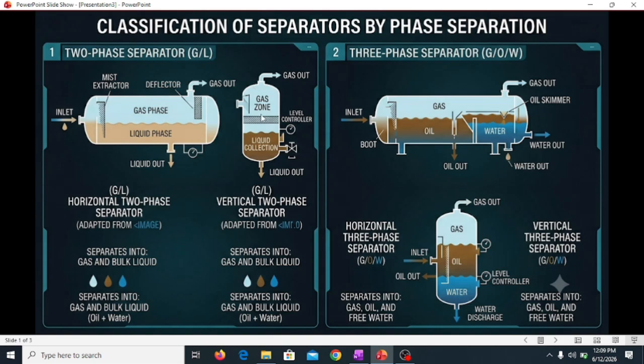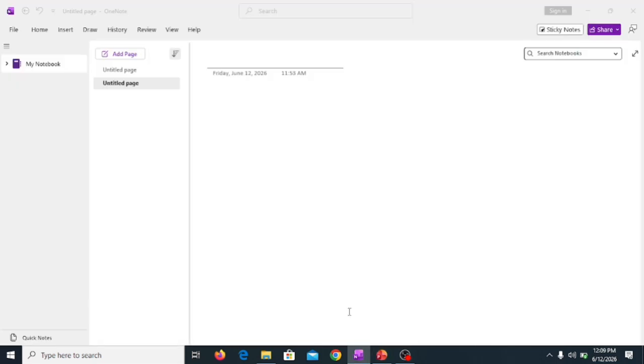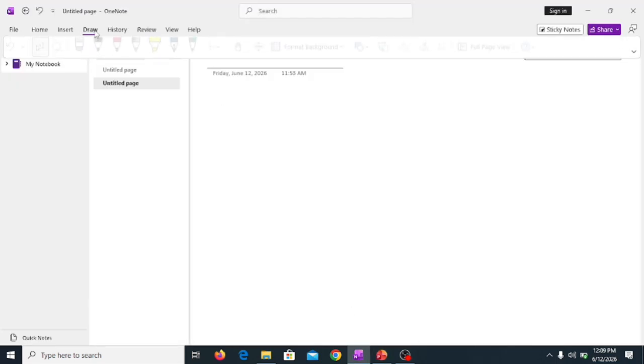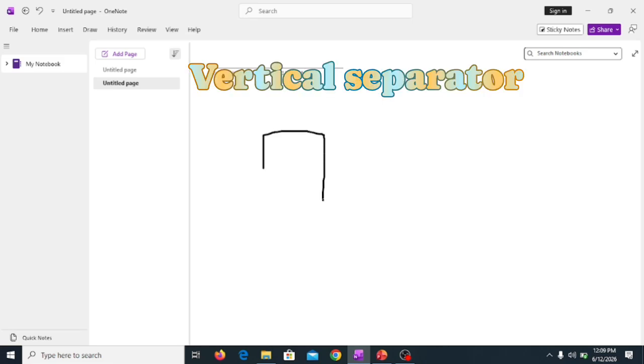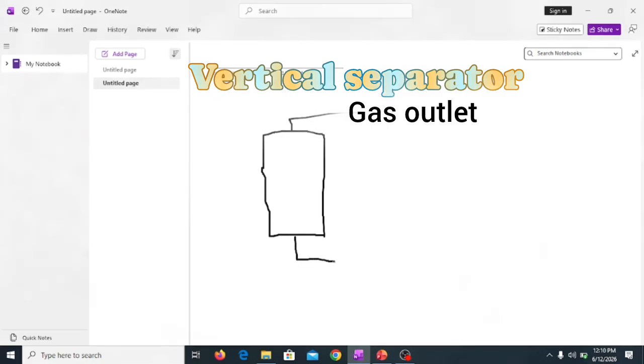Let me come to my notes and write it here. For example, I have a vertical separator, the gas is coming out and the liquid is coming out.